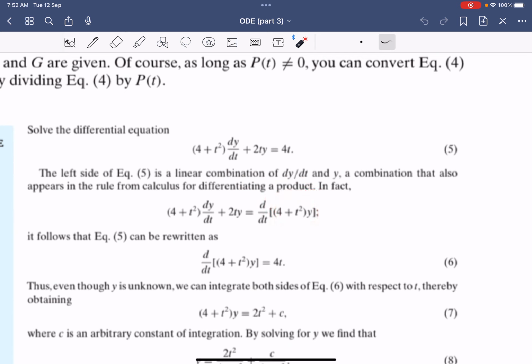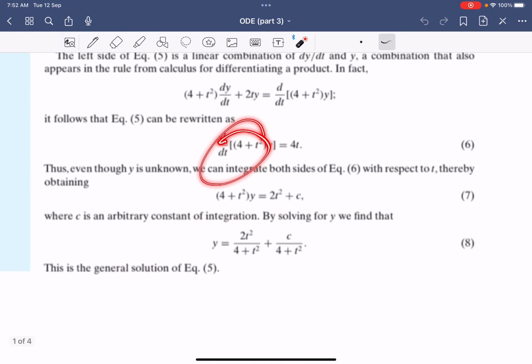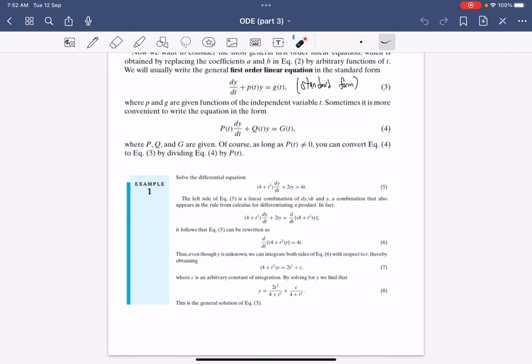So it can be rewritten as this, and then you can integrate both sides with respect to t. This side you get (4 plus t squared) times y, and the other side is 2t squared plus c. As a result, we can just divide by 4 plus t squared, so y equals 2t squared over 4 plus t squared, plus a constant over 4 plus t squared. And this is the general solution of the equation.